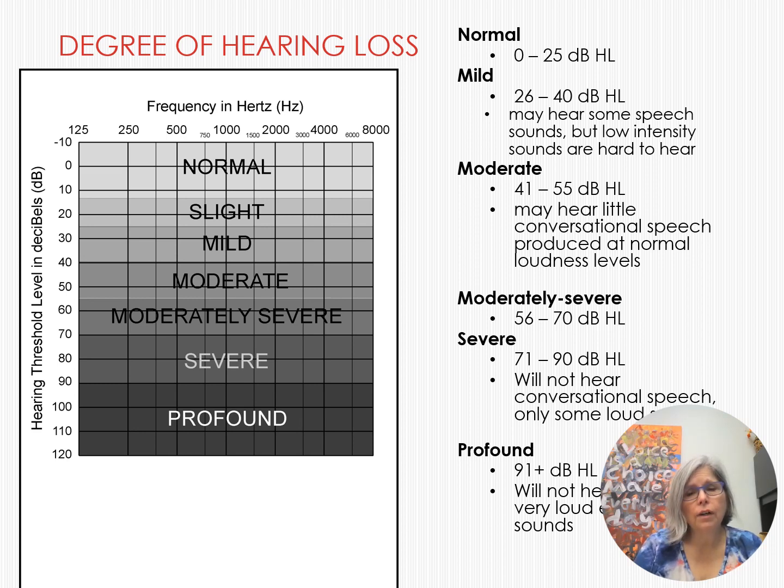To the right, I have the numbers that fit that category, that separate those different levels, and some characteristics you might see related to what's missed with that level of hearing loss. Again, my image is over the bottom portion, but these are in separate slides also on Carmen so that you can see the rest of the section on the profound hearing. But we see a lot of information that gets lost as the hearing loss increases.